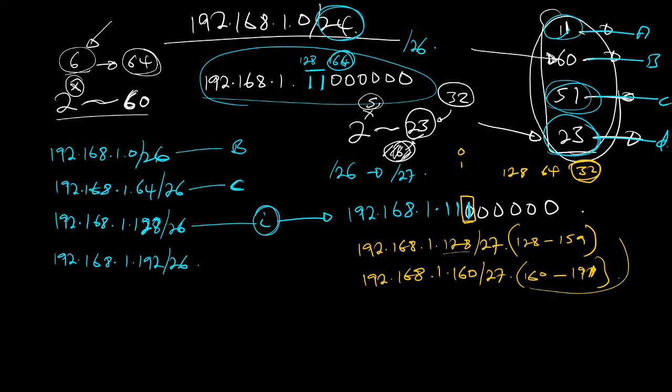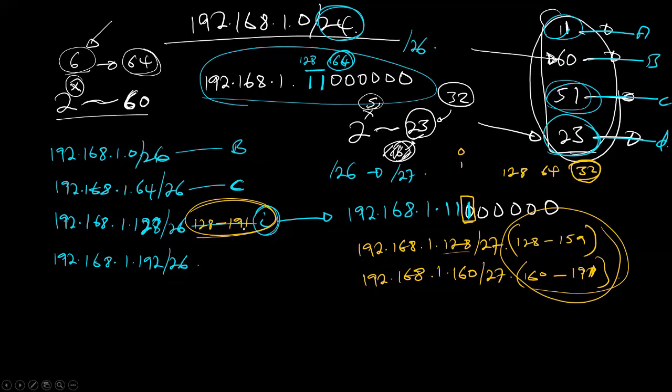Do you see that these 2 are still in the original range of this one? Yes. Because this was 128 to 191. Are we together? Yes. So we are going to get hold of one of these. In this case, let us say this one will serve our network D. Okay?